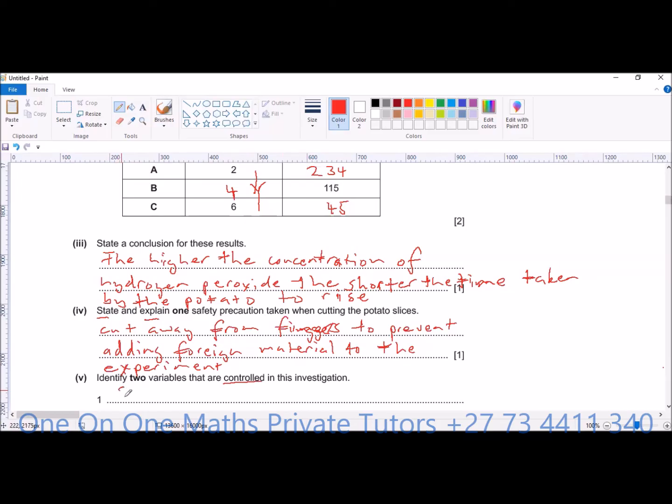So the size of the potato. Okay, size of the potato, or we can say volume of the potato, right?